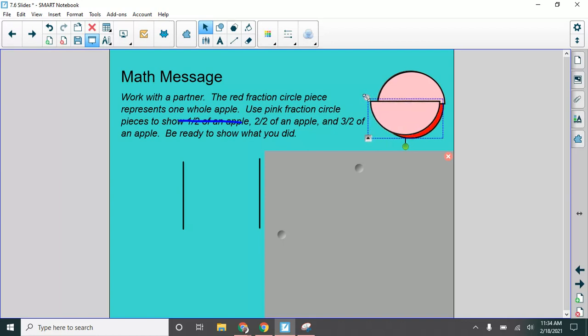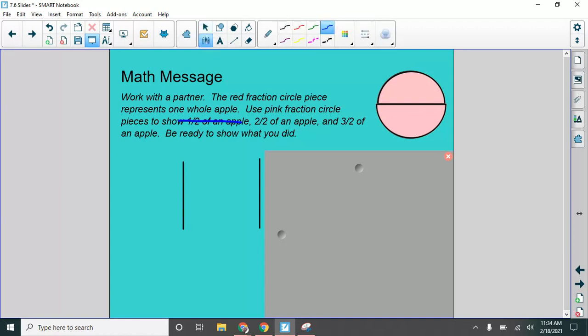So, a little bigger here. 2/2 is equal to the whole thing, right? So when we write this right here, it equals 1. Or sometimes people will put 1 whole here.